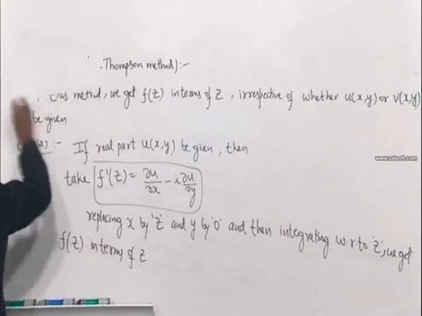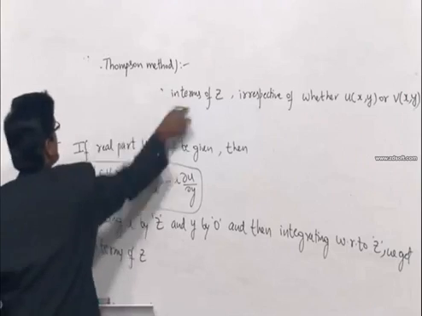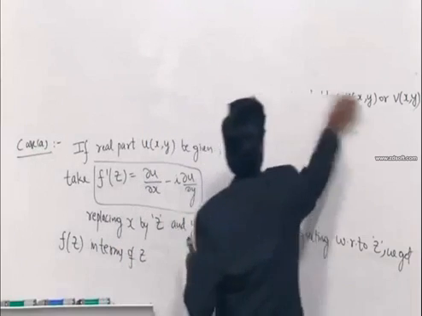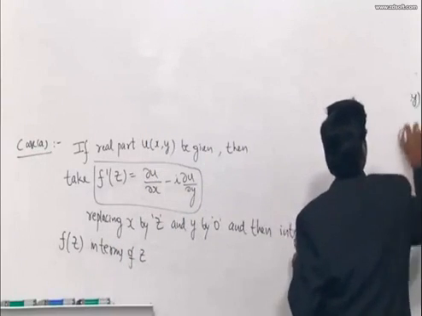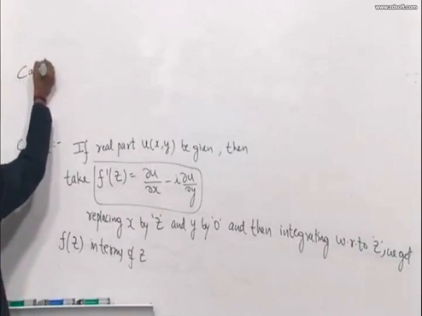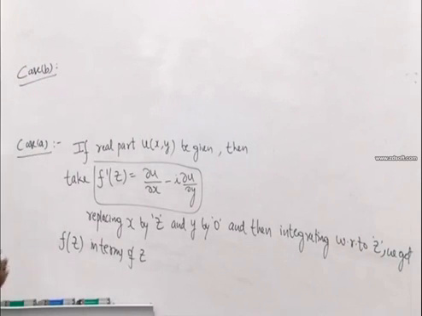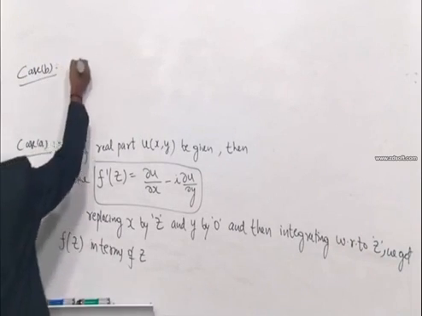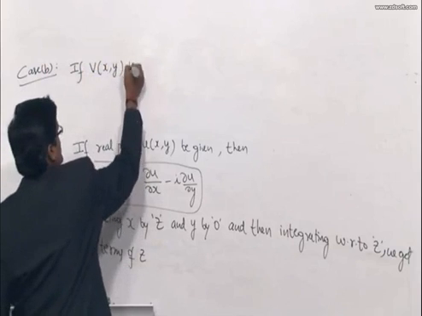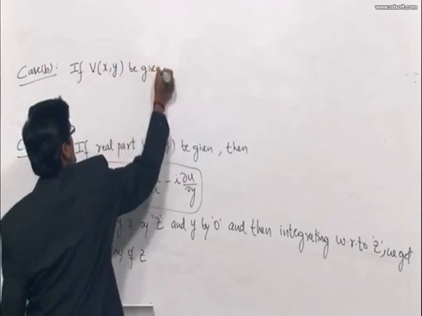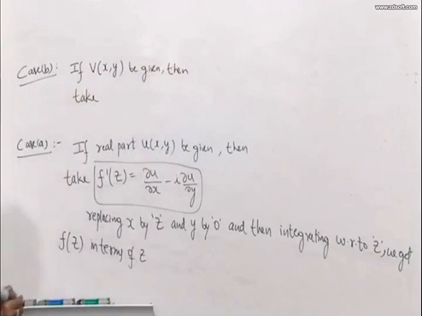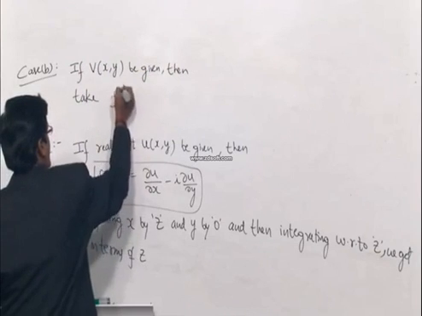Case B. If v of x comma y is given, then take f dash z.